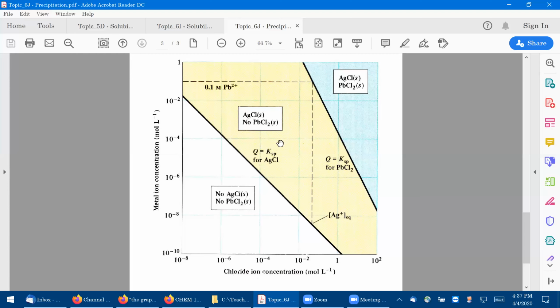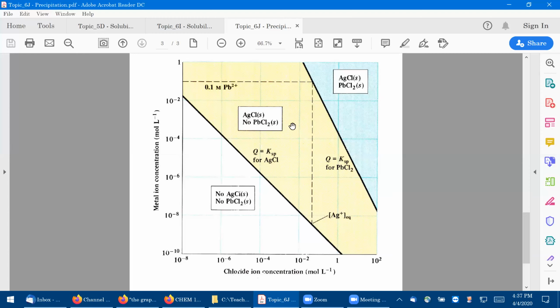Now, what occurs here, suppose that we start with a solution that contains all three ions, the silver, the lead, and the chloride, with some arbitrary combination of the ions. And let's suppose that it's somewhere in this region. What will happen is that silver chloride will precipitate because this region represents a region where the Q is larger than the KSP of silver chloride.